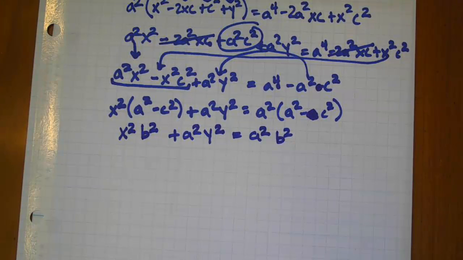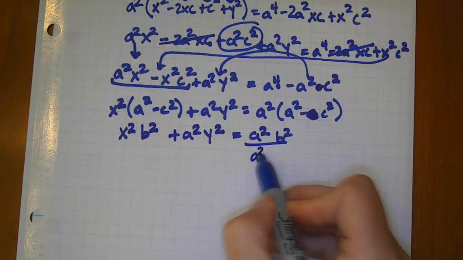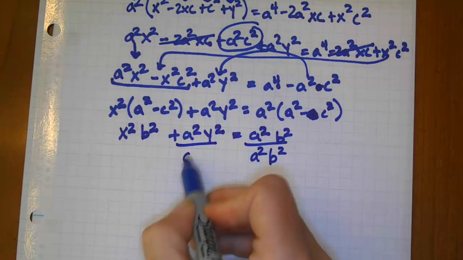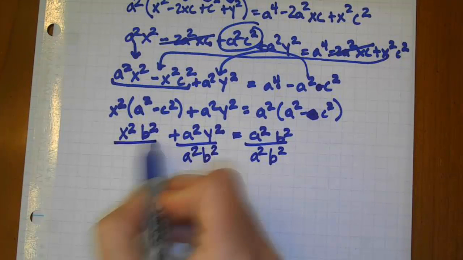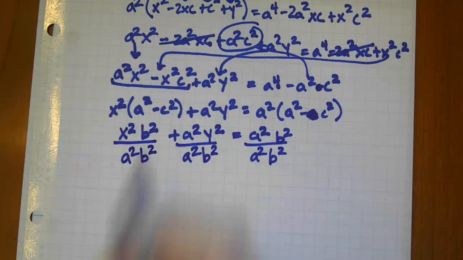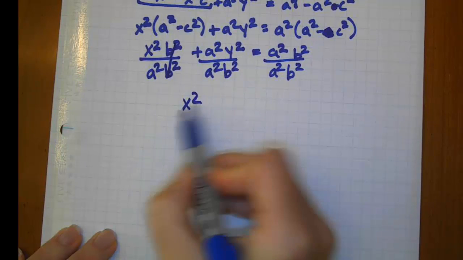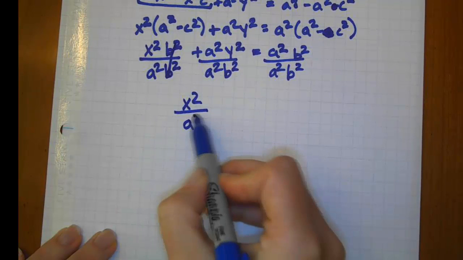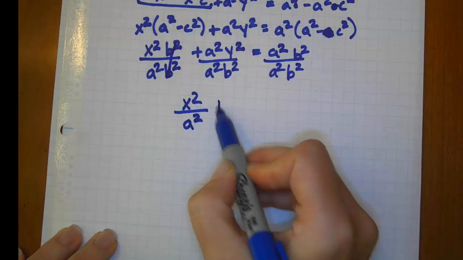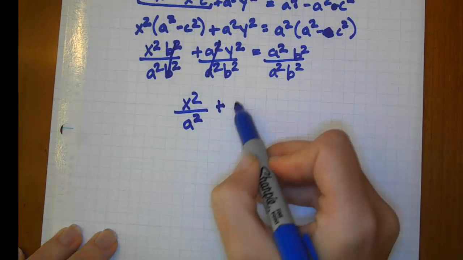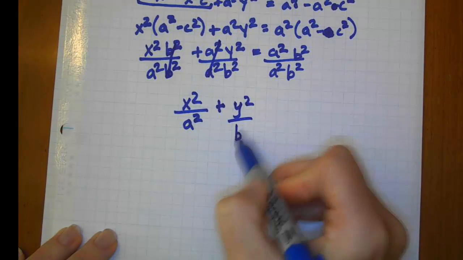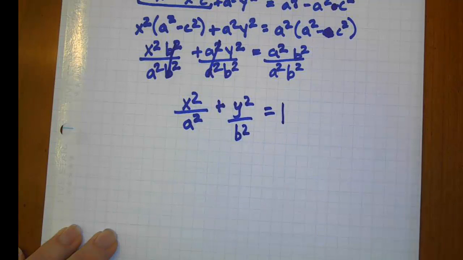And yes, friends, we're almost done. If I divide every single term through by a squared b squared, what we develop is the standard form of an ellipse. Here, the b squareds cancel, so I'm left with x squared over a squared, plus here the a squareds cancel, y squared over b squared, and that is equal to 1.